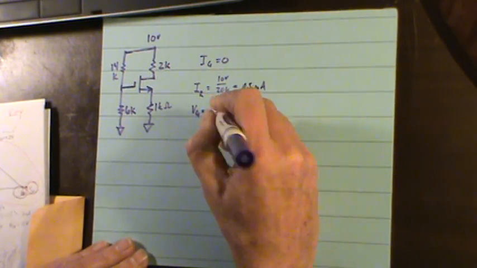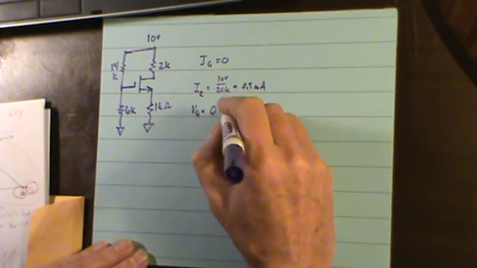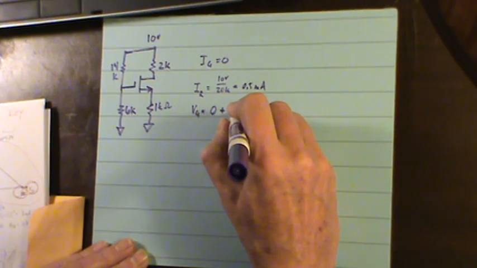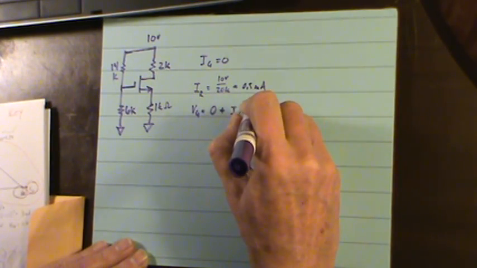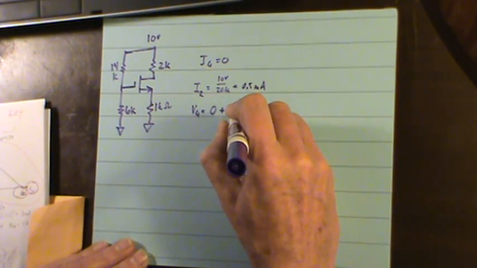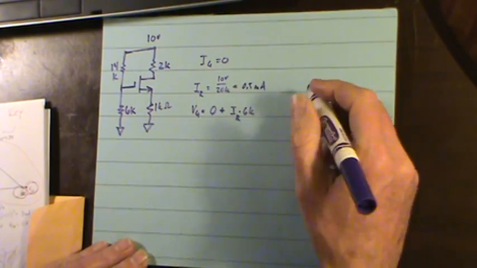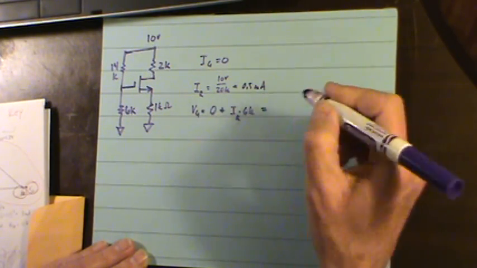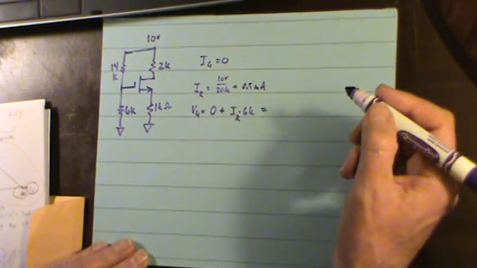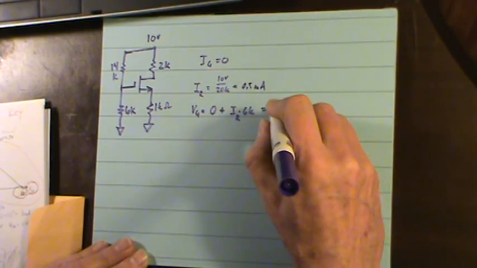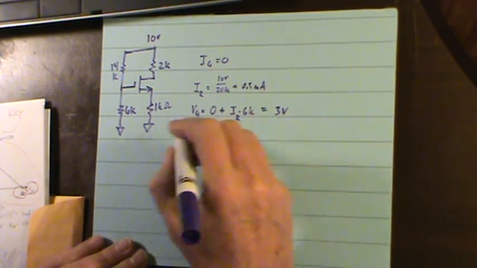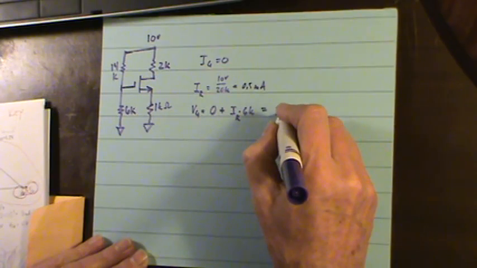VG equals 0 plus I times 6K, that's the IR for the resistors, and half times 6 is 3, so I end up with 3 volts. So I now know that the voltage on the gate is 3 volts.